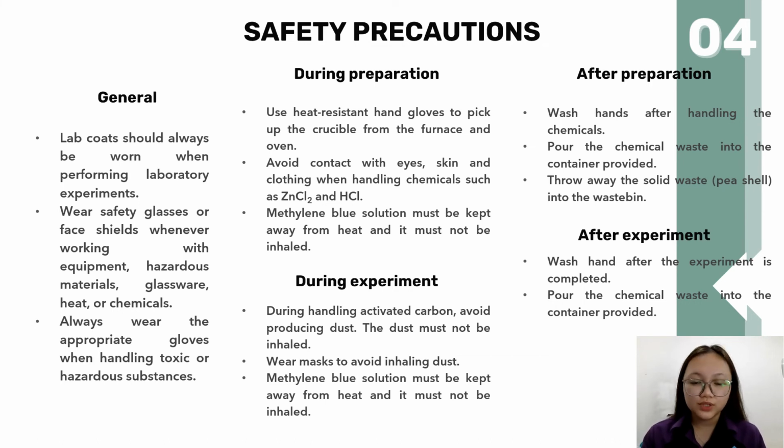Next, methylene blue solution must be kept away from heat because it is a flammable liquid and it must not be inhaled. After the preparation, we must wash our hands and the chemical waste that is produced must be poured into the container that is provided in the lab. The solid waste, which is the pea shell, must be thrown away into the waste bin.